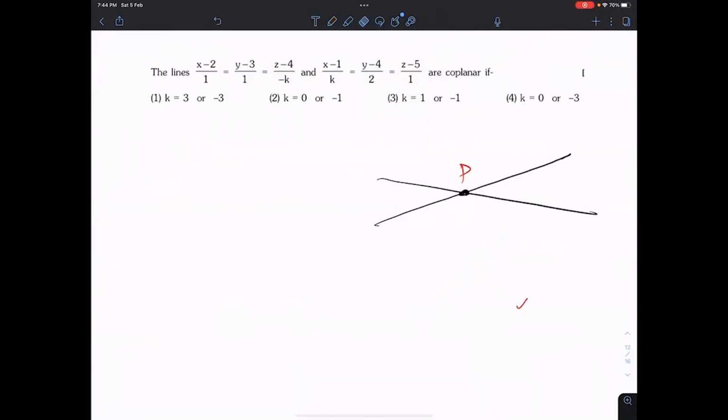Now, whenever I say 2 lines are intersecting, again here also equivalent statements, like we said previously with congruent triangles.